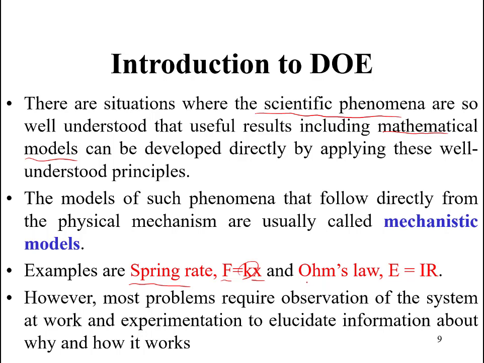And another example is Ohm's law. Both of these two models have been found by design of experiments. Different types of springs have been used, and then they have been compressed or extended. Then they found a relationship between the force and distance, and they called that K the spring constant.